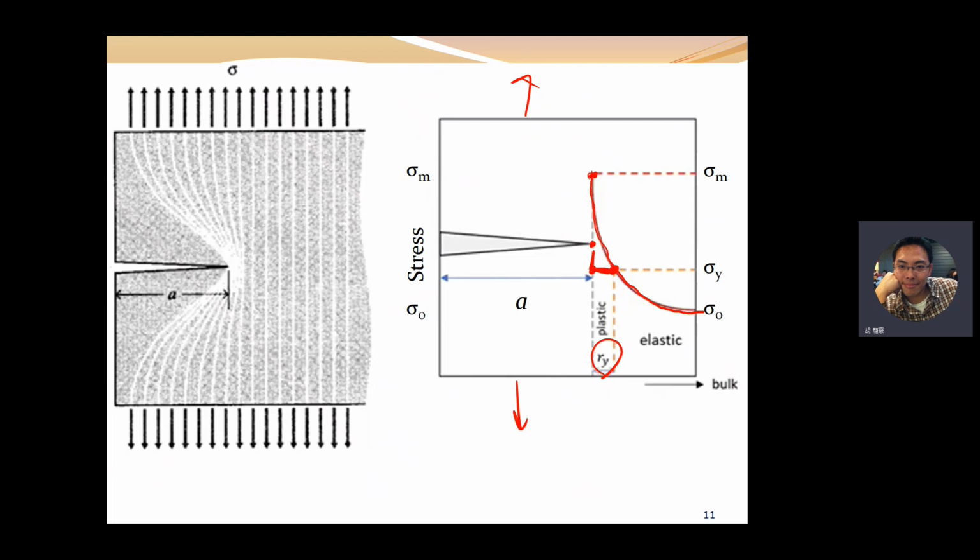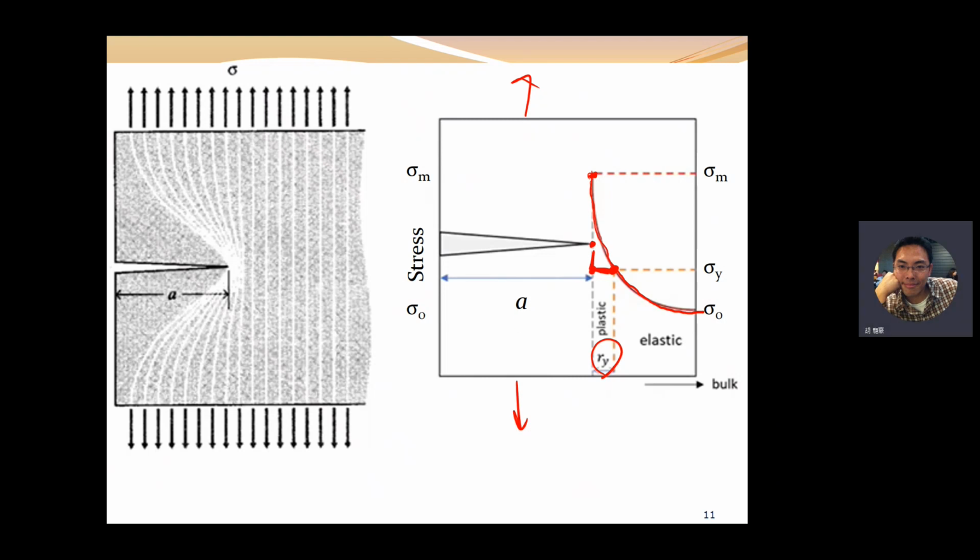If the position is between the crack tip and Ry, the plastic deformation occurs within this distance, or within these two positions.